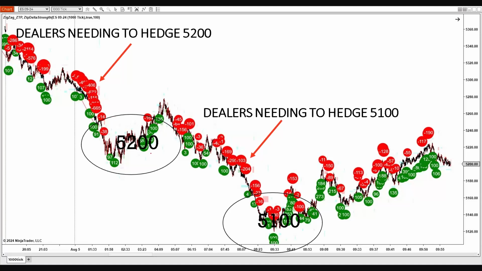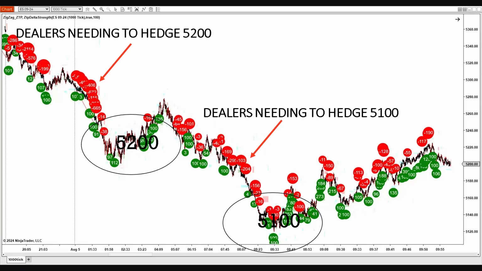And when we get to 5,200, we see the first buy delta strengths coming in. While this only looks like a small move, that was actually 77 points higher in about 2 hours before reversing.